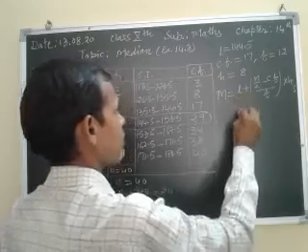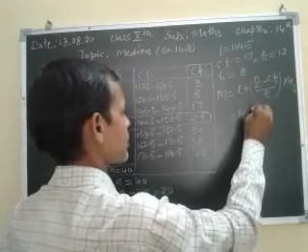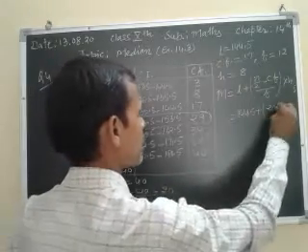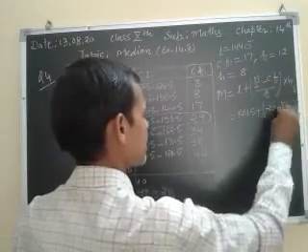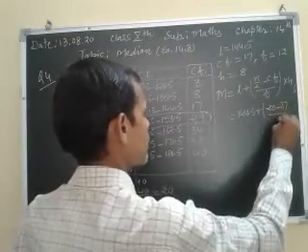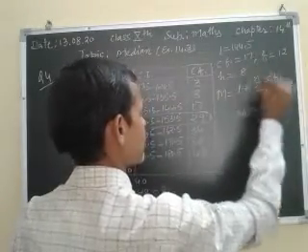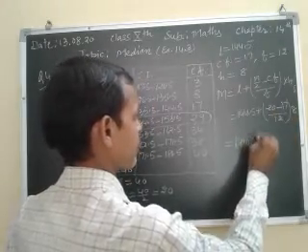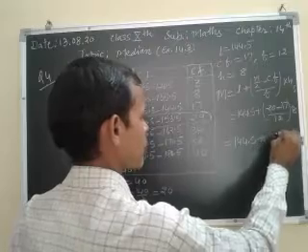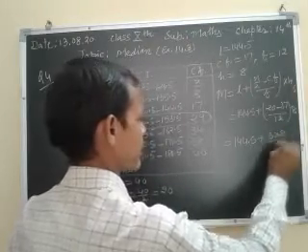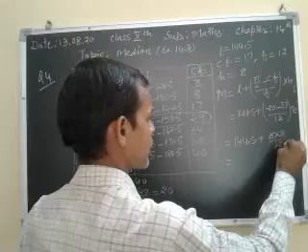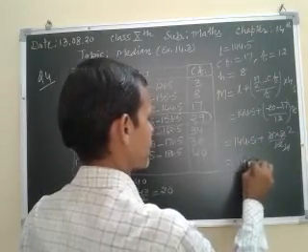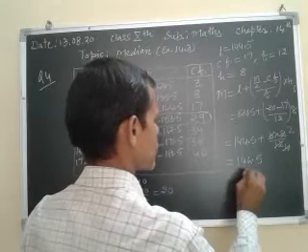So 144.5 plus (20 minus 17) upon 12 into 9, which is 144.5 plus 3 upon 12 into 9, so 144.5 plus 2.25, which is 146.75.